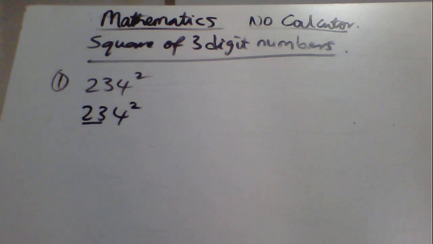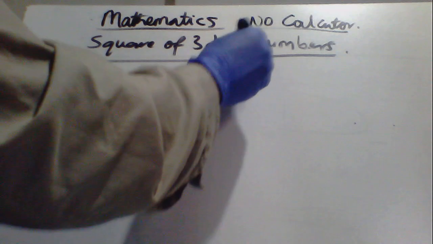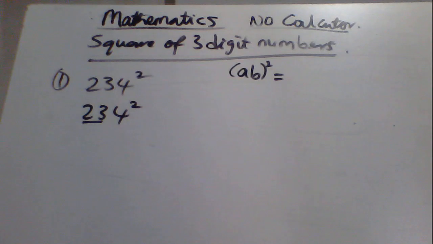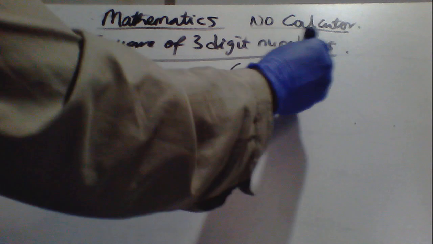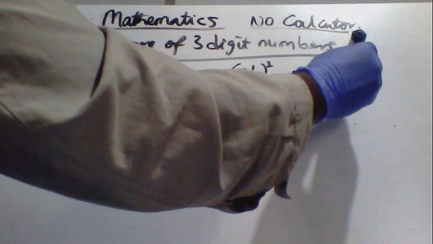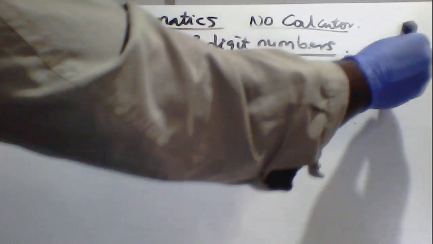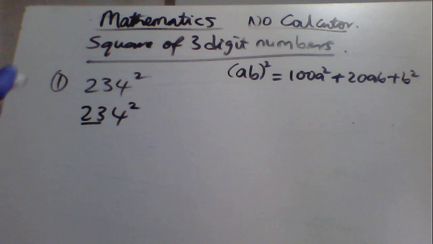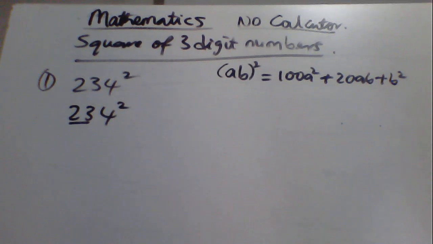You have to bring them together, because our formula is in this form: a formula of a tenth and a unit, which is 100a squared plus 20ab plus b squared. So in order to use this formula, you have to join these as a tenth.